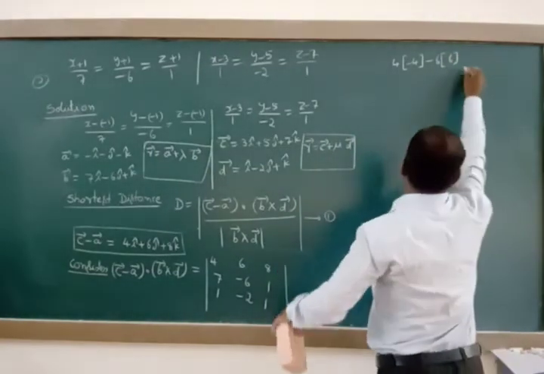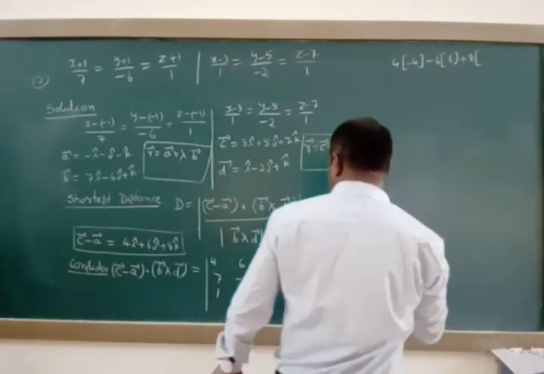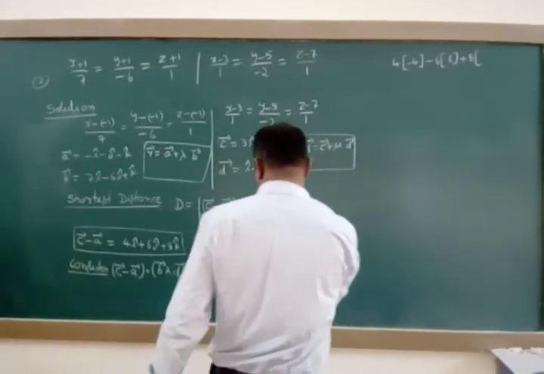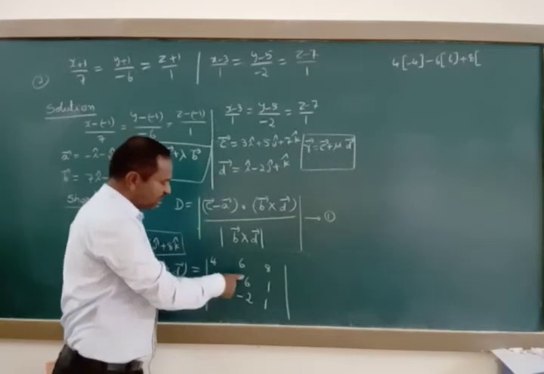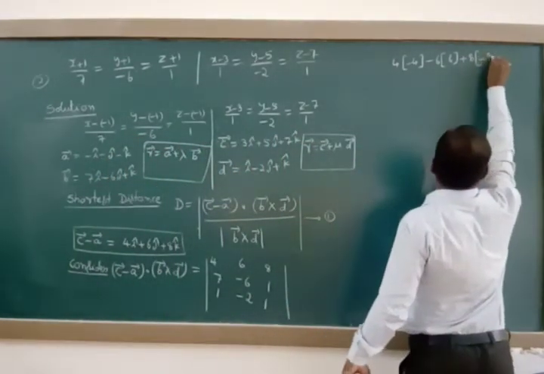Last one is plus 8 into, deleting row and column, minus 14 plus 6, that is minus 8.